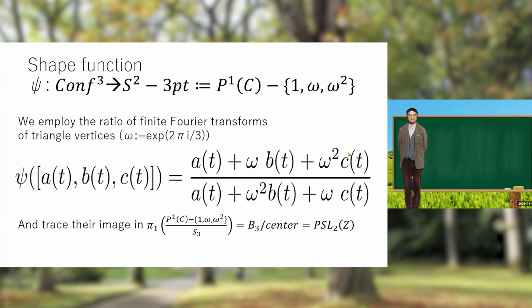And we consider the shape function from the configuration space, the triple ABC, to the sphere minus three points. It is regarded as the complex projective line minus three points: 1, omega, omega squared, where omega is a third root of unity.